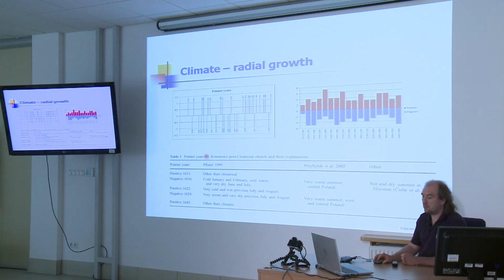I said that we don't have measurements, instrumental measurements of climate variables for a distant past. What can we do in such a situation? We can apply dendroclimatology to reconstruct the climate parameters.